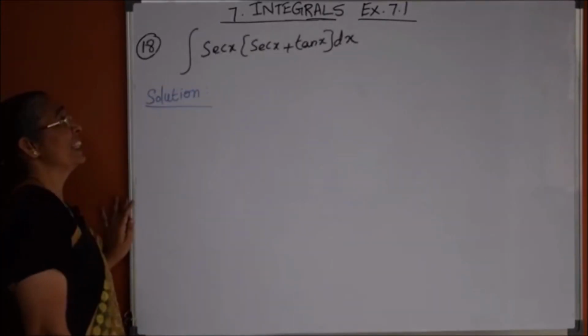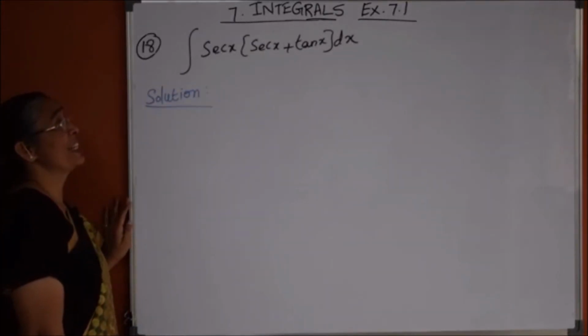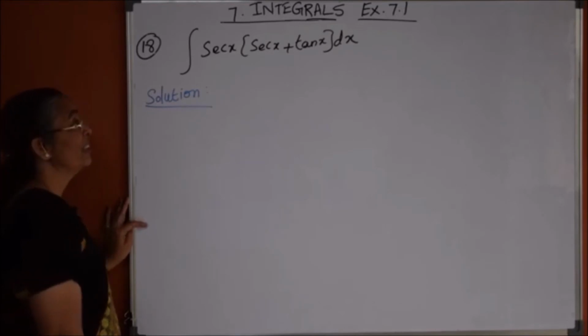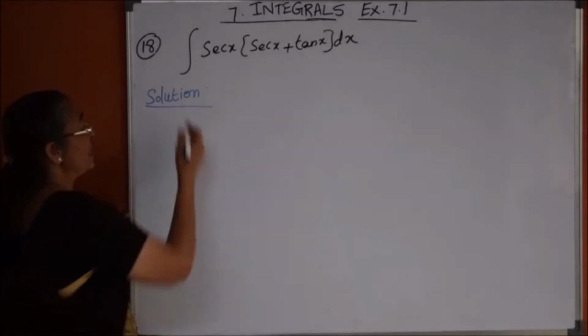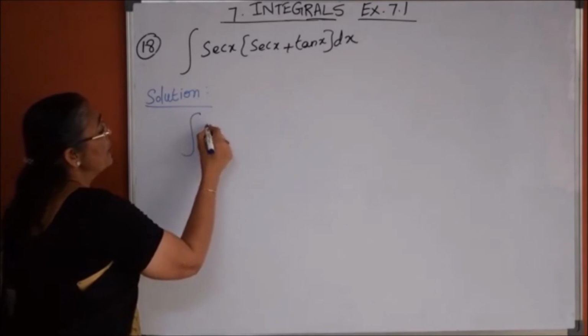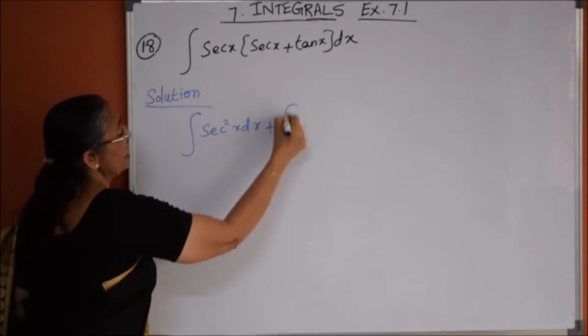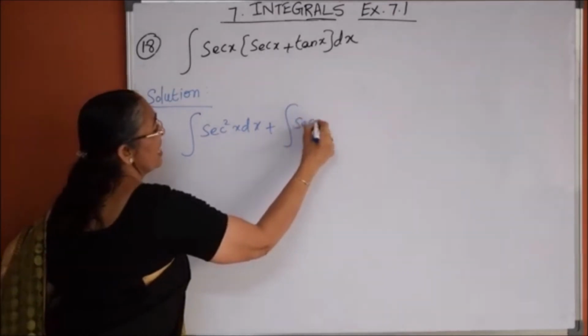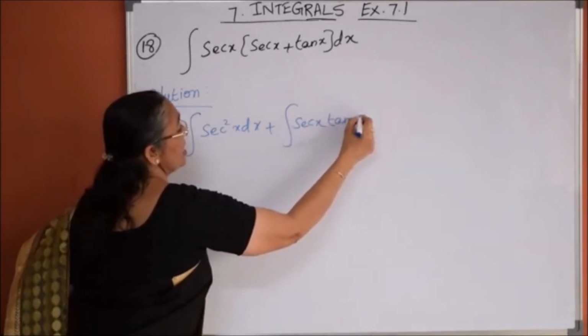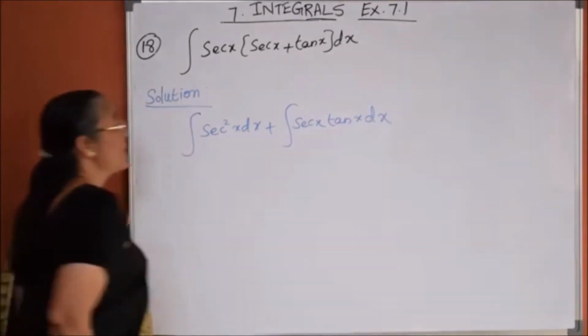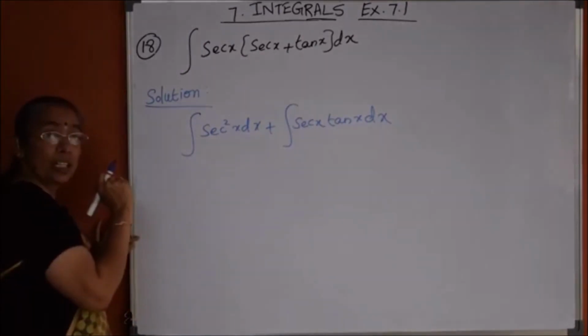Now the integration of secant x plus tan x dx. First let me multiply this. The integration of secant square x dx plus the integration of secant x tan x dx. Now we need the integration of secant square x.